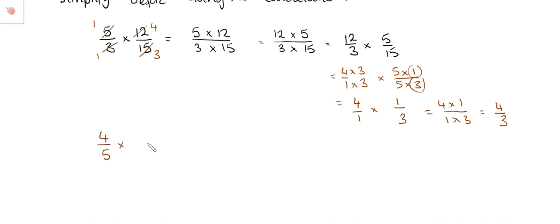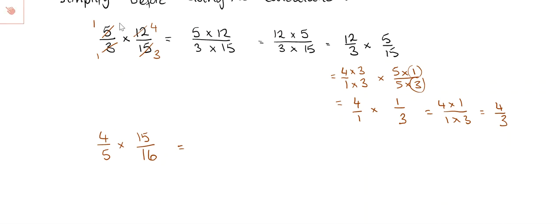Four fifths times, no, I'm going to go with 15 sixteenths. Have a go. If you're going to get your calculators out because you don't know what 5 times 16 is, that's why we should simplify first. The idea is that we're learning to do these with smaller numbers, so we don't need a calculator.